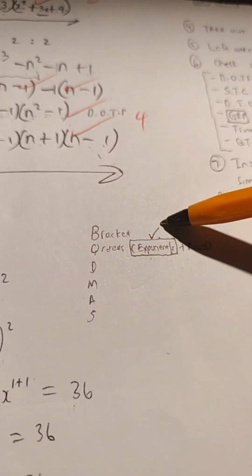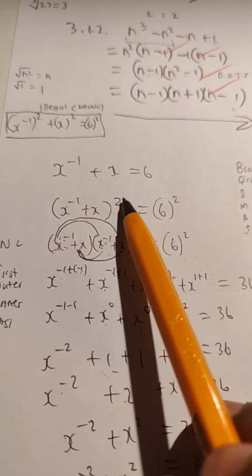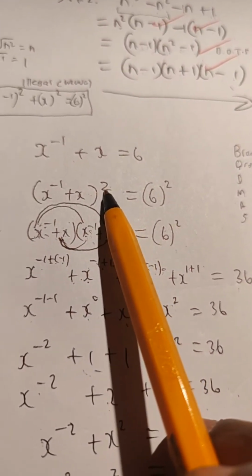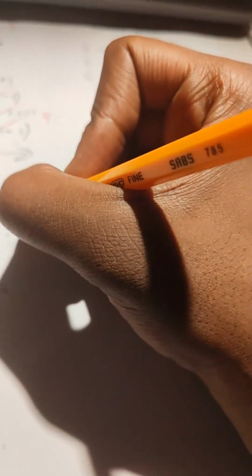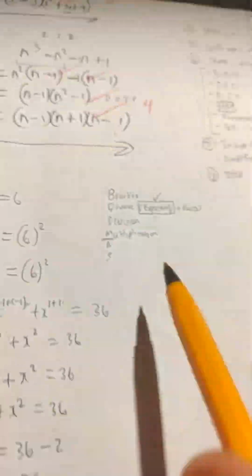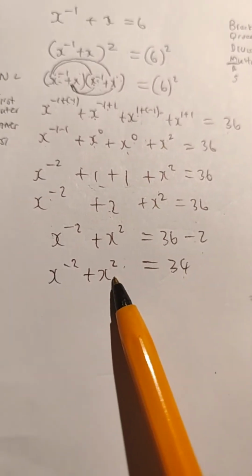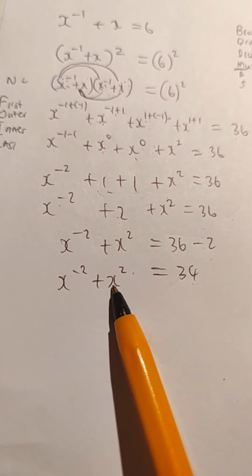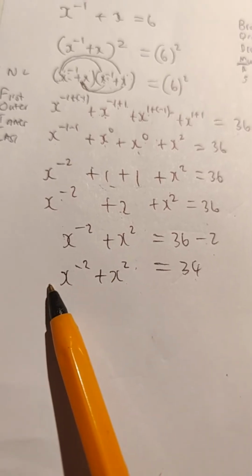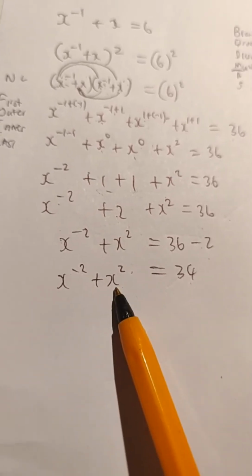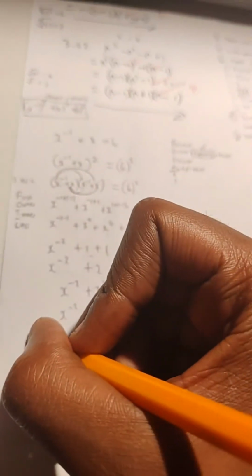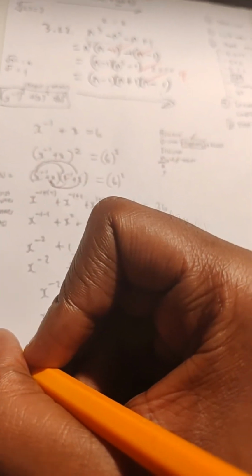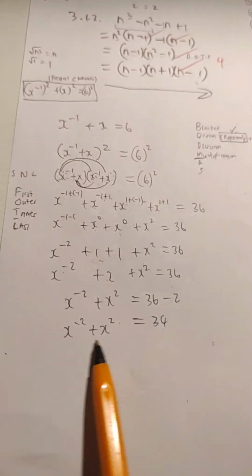Division, we have nothing. Multiplication, is there something that we can multiply on the left and then do the same on the right, so that we can have 2 as the coefficient of x squared and x to the power negative 2? Well, I'm thinking that we can. We can multiply everything by 2.